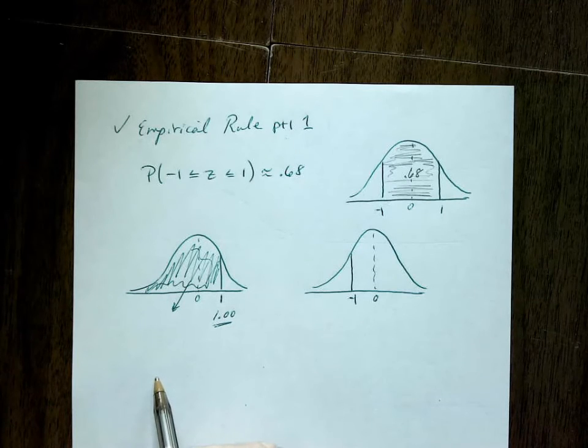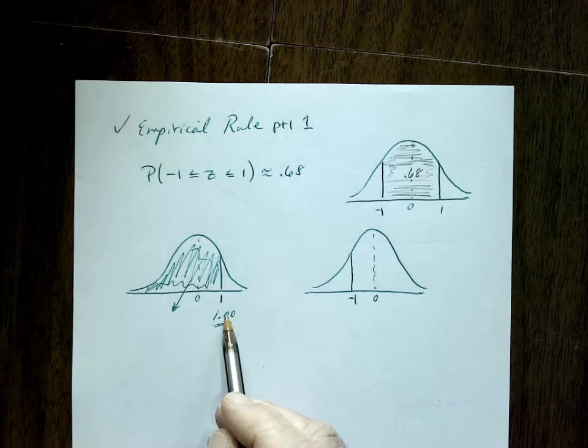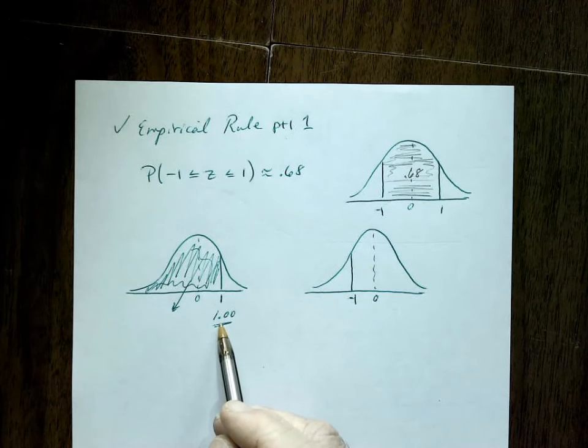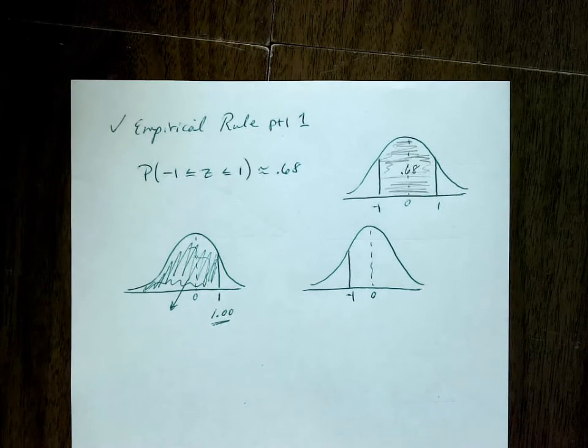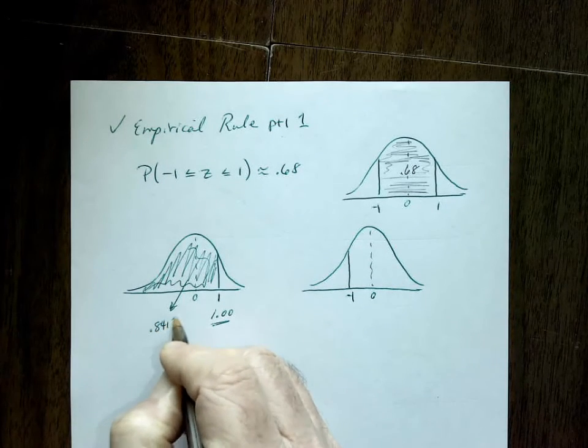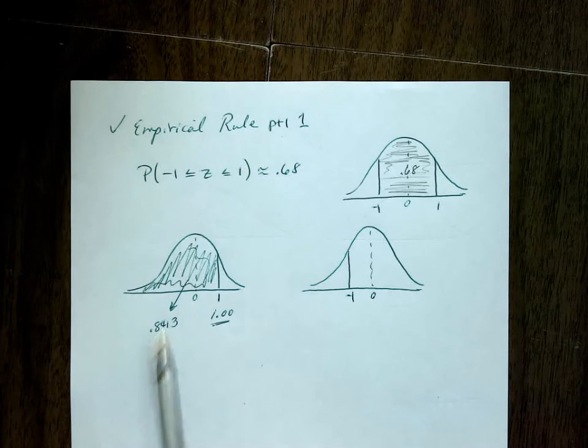Okay? So that's going to be in the very first column of the 1.0 row. So let's look that up. So on the positive side, looking that up, and I get 0.8413.